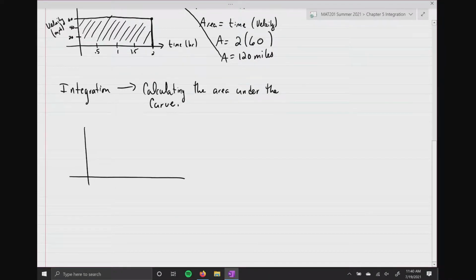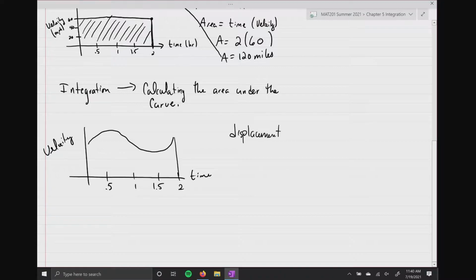let's say that we are in the same car again, and let's say we traveled for 2 hours again. However, throughout this trip, there were some hills, and so we went uphill, we went downhill, and we wanted to find our displacement here in this situation.